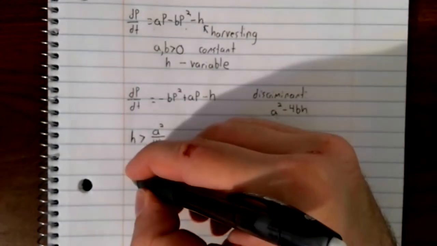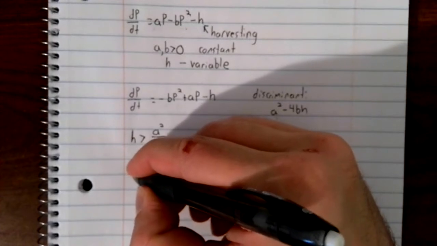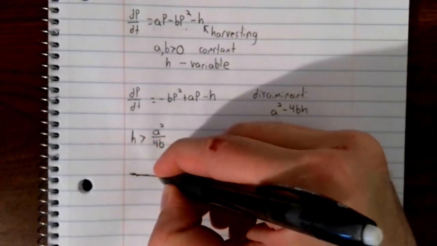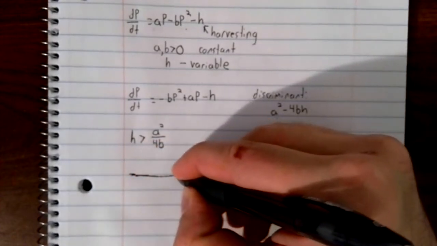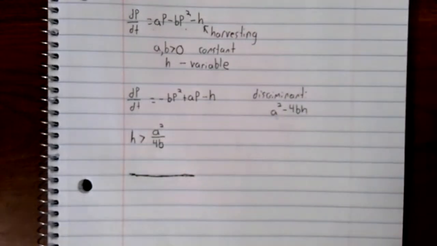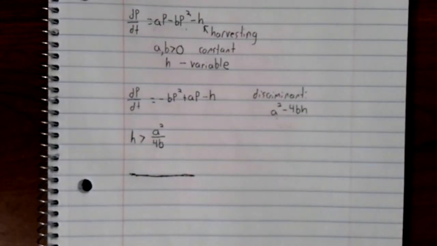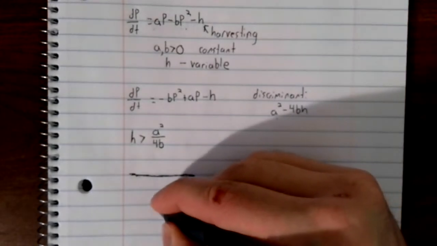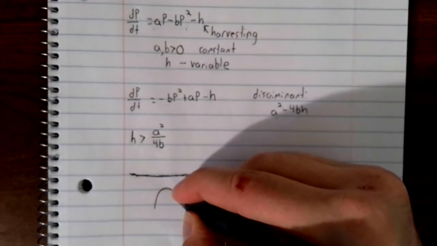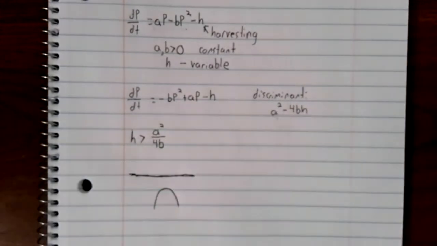If we draw the phase diagram with P as the x-axis, as we did in an earlier video, this will be easier to visualize. Here's the x-axis. The derivative looks like this.